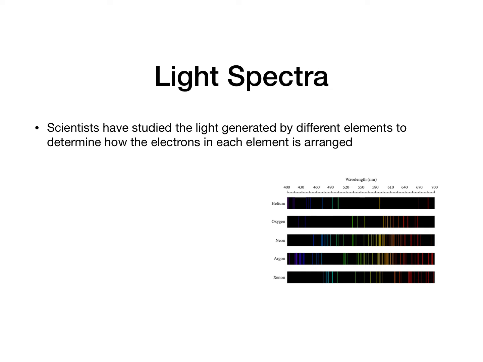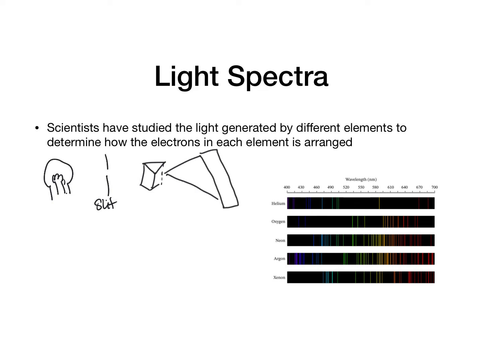So the way scientists looked at this was we took a light bulb and we shined light at a slit. And this slit is going to allow you to organize this light. Then the light will go through a prism, basically a fancy crystal, which is going to allow the light to be distributed.